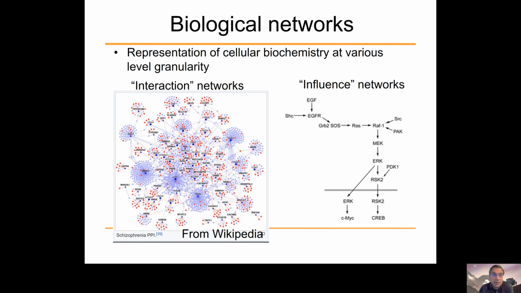So these types of networks are called interaction networks, and they are the most abundant type of network used today in systems biology, including systems biology of cancer. You can make, of course, one step further from this description and introduce into the picture the notion of causality. So you can describe by a directed edge of the graph the fact that a change in the state of one protein will cause a change of the state in another protein or in the function of another protein.